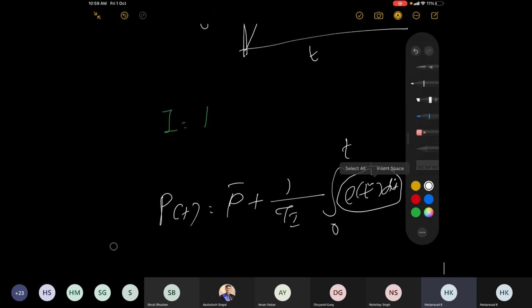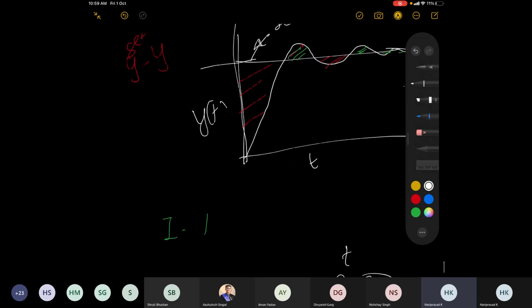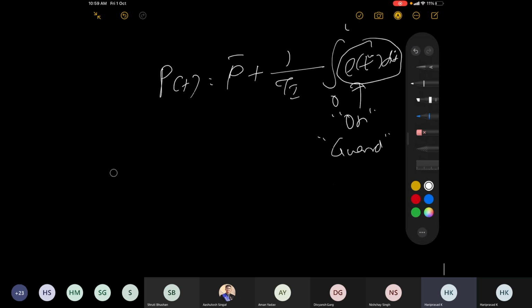As a result, this integral action is always on. It's like a guard. It's fully guarded. You cannot keep the integral term off. Why? Because even if you sum everything, there would be some positive part. Let's say it moves down, it is negative, then it moves back, it is positive. So there would always be some residual error, which essentially means that the integral action would always be on.